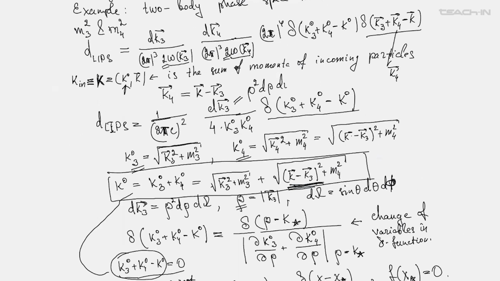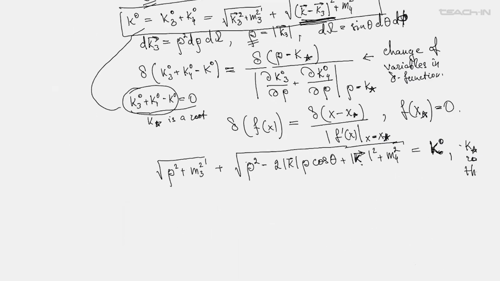So d ellipse then takes the form k star squared d omega divided by, and now I take into account all the prefactors of 2, c squared, and then K30 as a function of k star, K40 as a function of k star.